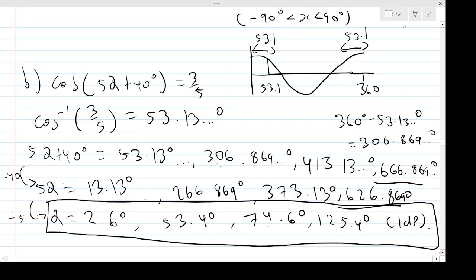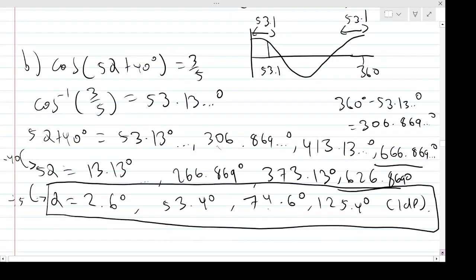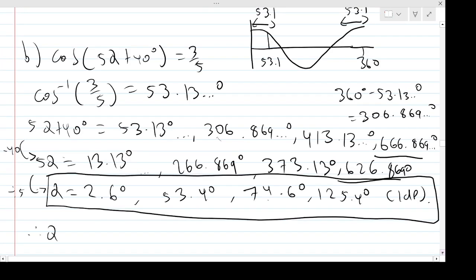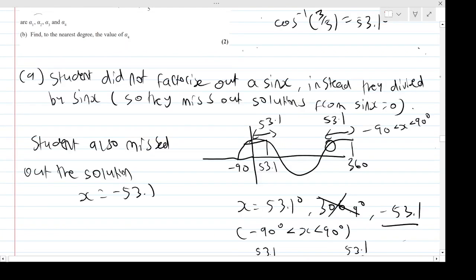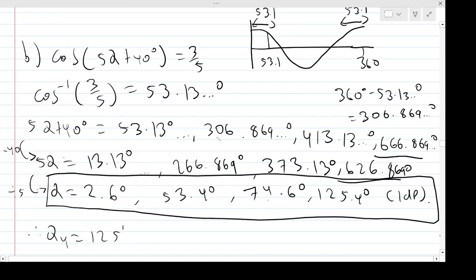The 4th one in the list is this 125.4, right? So therefore, alpha 4 is 125.4, but it said as well, by the way, to the nearest degree. That means basically the nearest whole number, right? Which is just 125 to the nearest degree, and that is my answer.